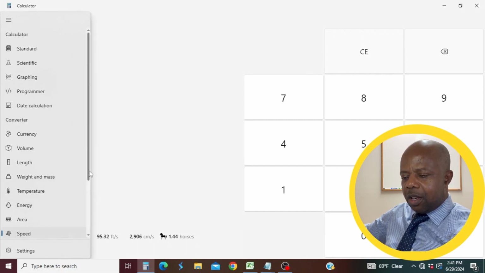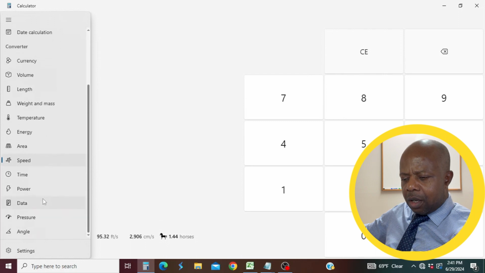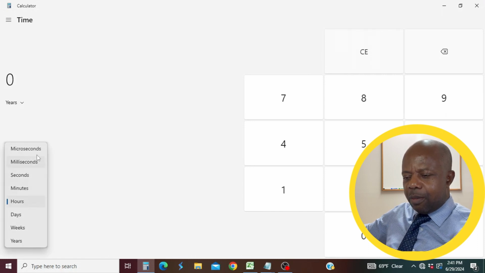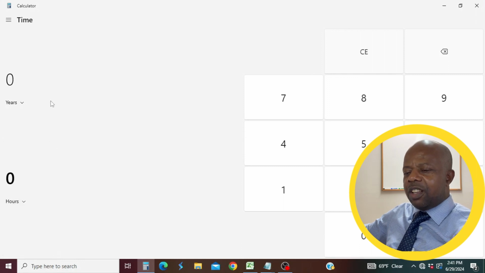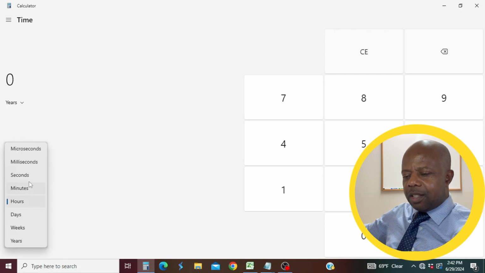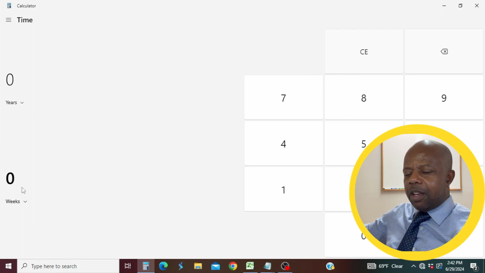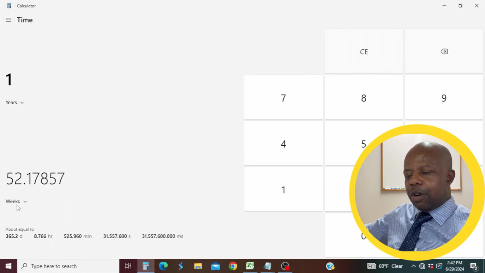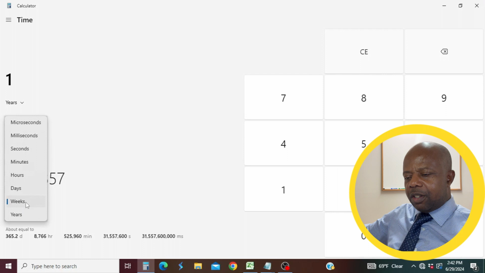Then we can quickly look at time. You can convert years into any of these, so you can look at a number of years into weeks, for example. How many weeks are in a year? In 1 year, it will be 52 weeks and a little fraction.